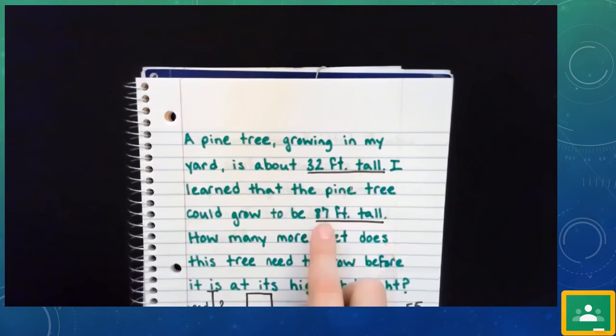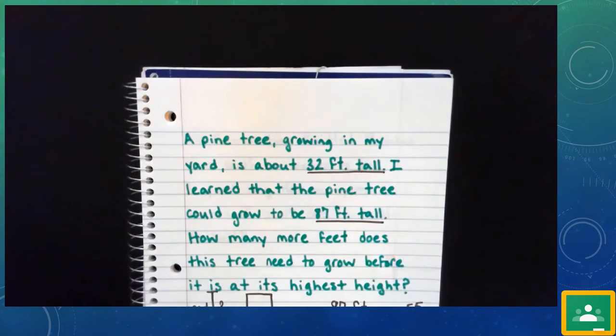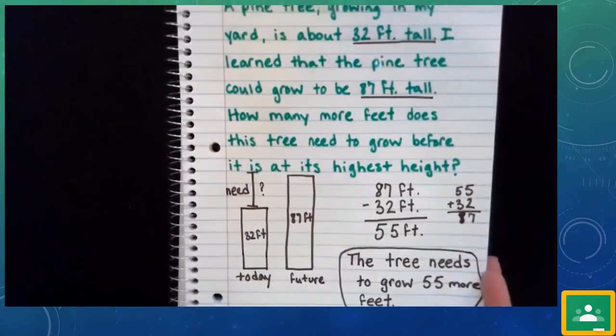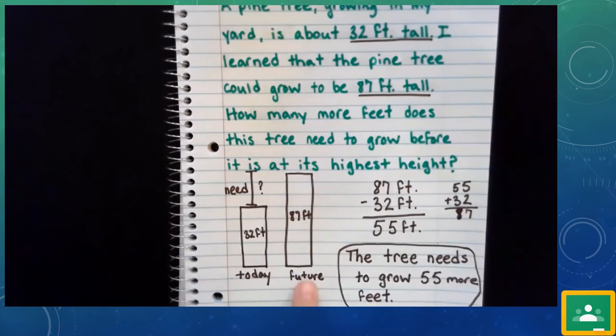This is what the tree could grow to be, but this is where the tree is today. So I drew another tape diagram, but this time I made it vertical because that's how I see trees. They are vertical. They are not usually horizontal. So I drew what the tree looks like today, 32 feet, and in the future, it could be 87 feet.